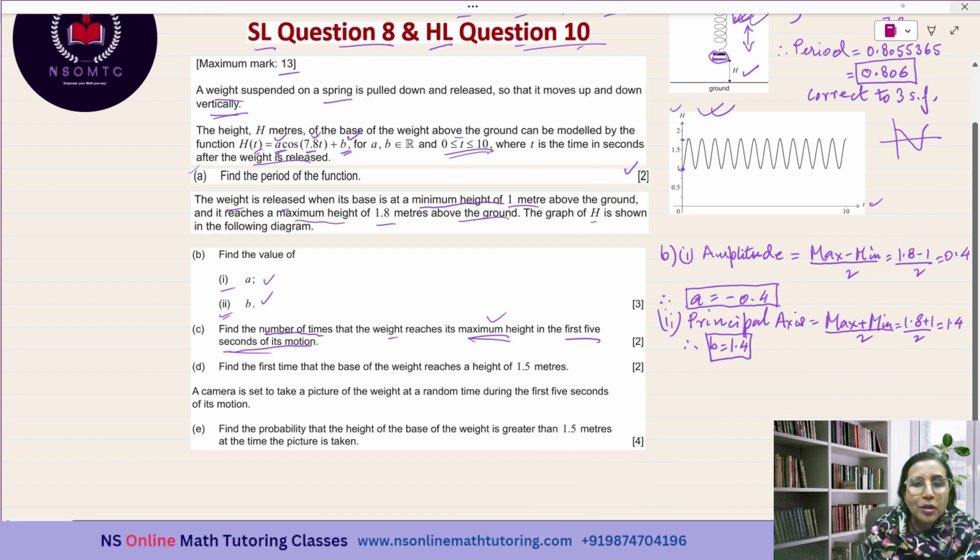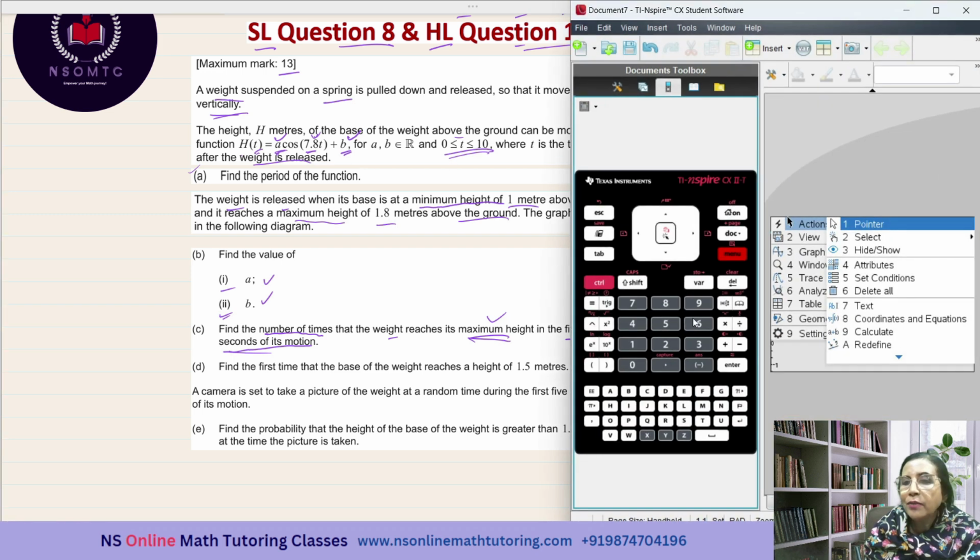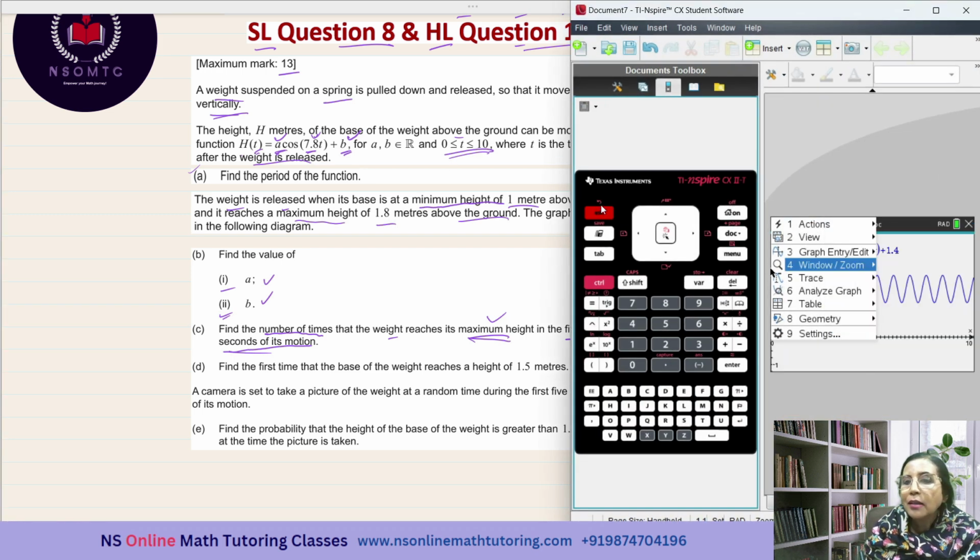Let us see, that is important. Since it is containing 2 marks, I think you should be giving the times when the weight is reaching the maximum and then you count the number of times. That will be better because the marks that this subpart is carrying is 2.